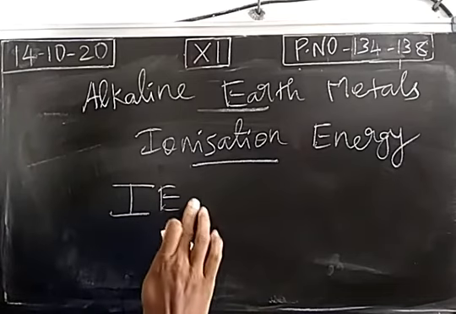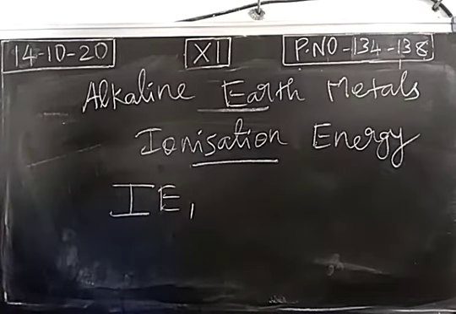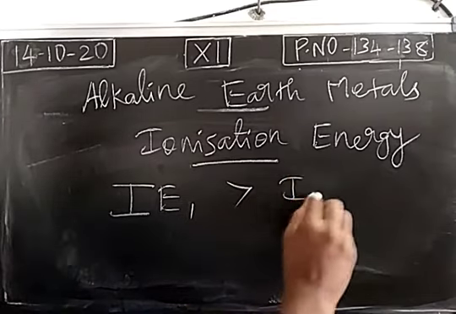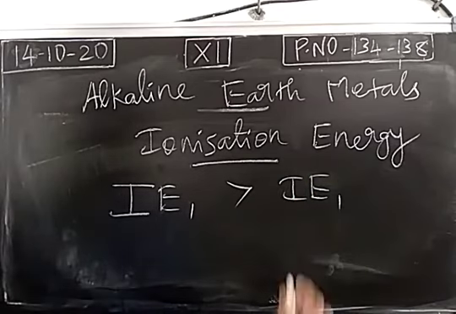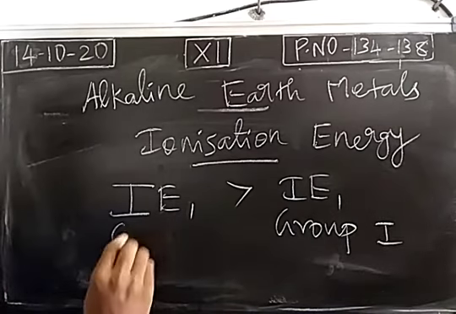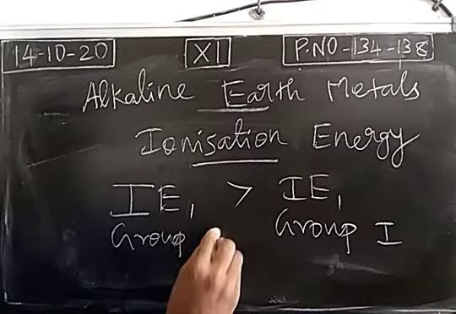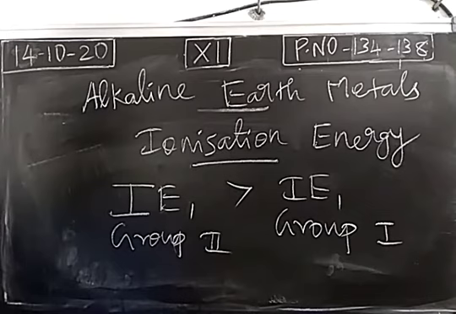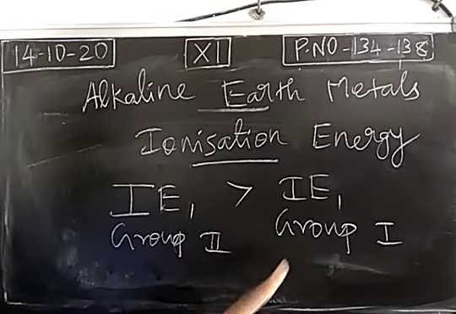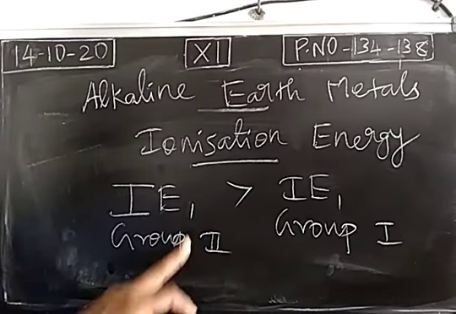The first ionization energy of alkaline earth metal will be greater than the first ionization energy of alkali metal. Taking group number 2, alkaline earth metals, due to smaller size, the ionization potential of group 2 elements will be more than the group 1 elements. We are dealing with the first ionization energy.